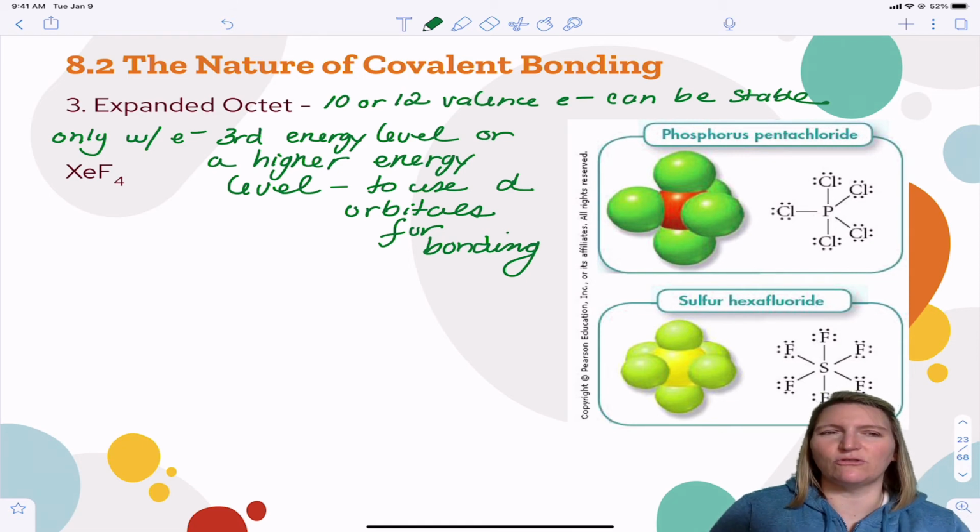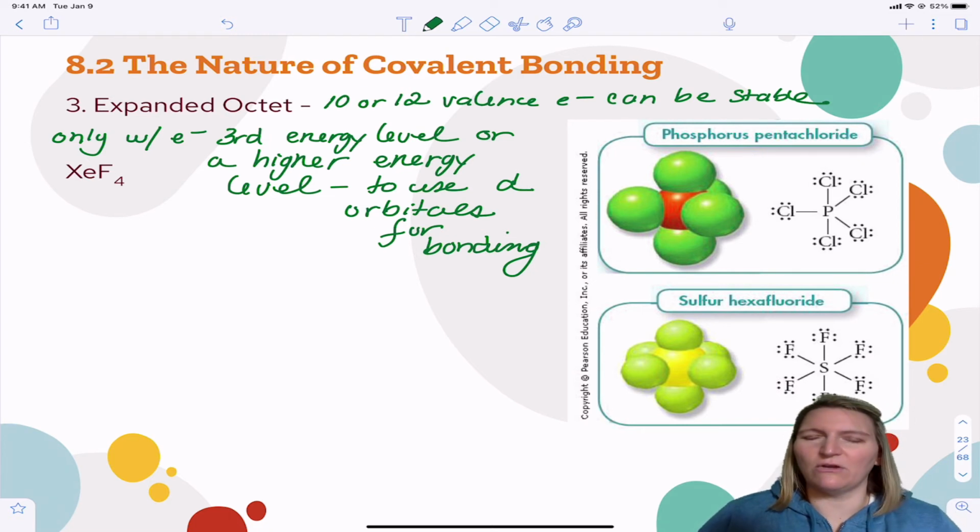We have theorized that that means it's somehow taking advantage of those d orbitals. Something like phosphorus doesn't have any electrons in the d orbitals, but we know it has electrons in the 3rd energy level, and the 3rd energy level can have d orbitals. So that's our theory as to how that works.